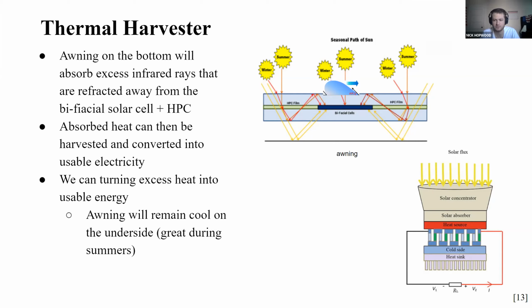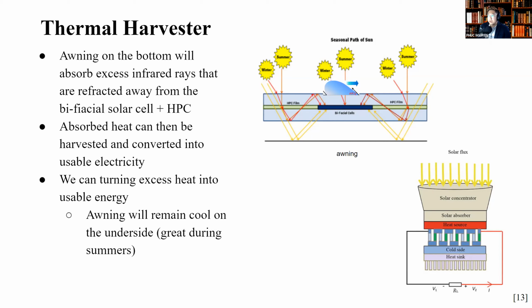But if someone could add on to that? Yeah. There have been a lot of breakthroughs with thin film thermal harvesters. As far as any additional size or weight, it wouldn't be an issue, but they are quite expensive.